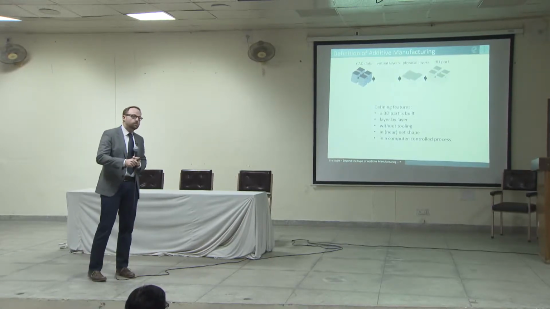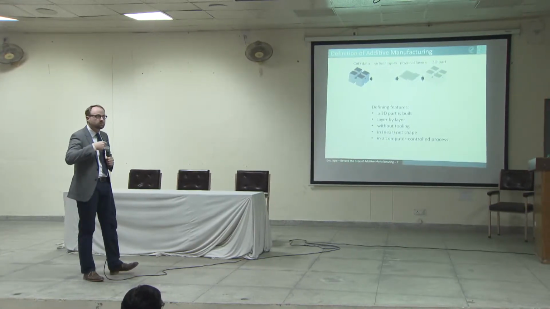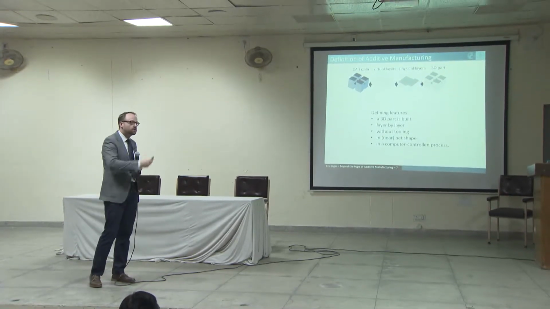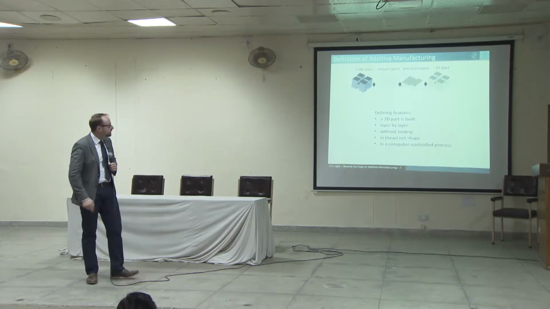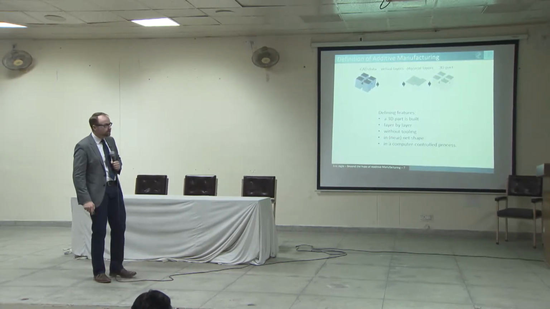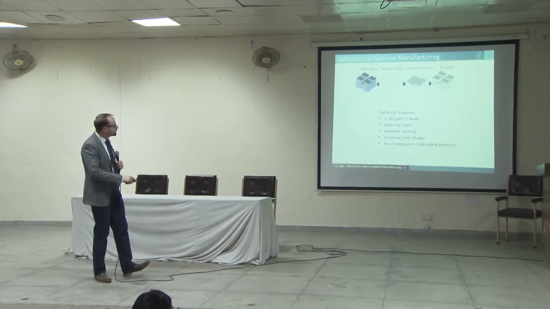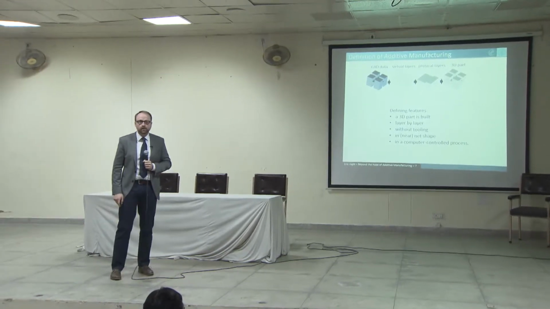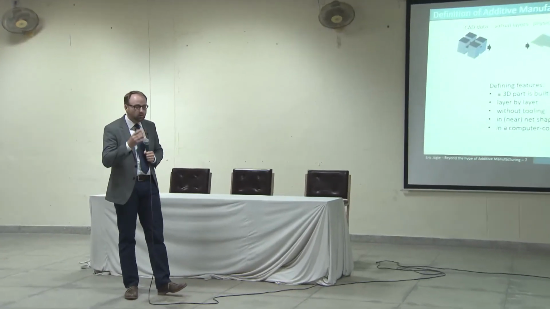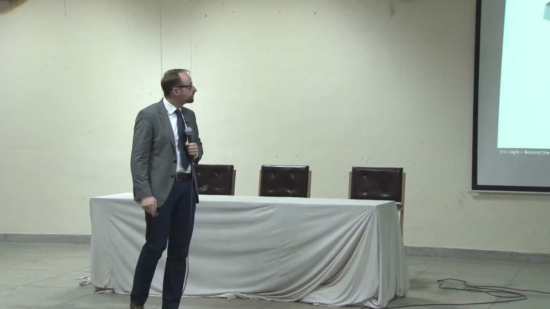This is what enables the quick build up of any creation that only 5 minutes ago you have thought up in your brain. In near net shape, yeah, in some processes nearer than in others, and again crucially in a computer controlled process. Yeah? So the full digital chain is really a hallmark of additive manufacturing.